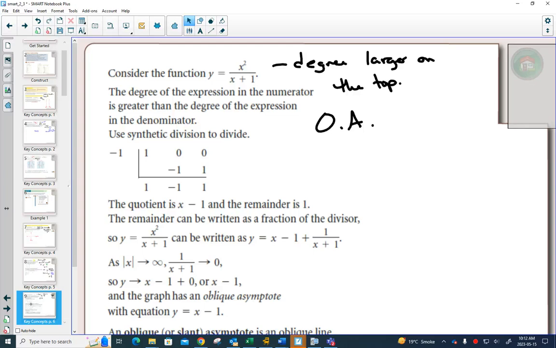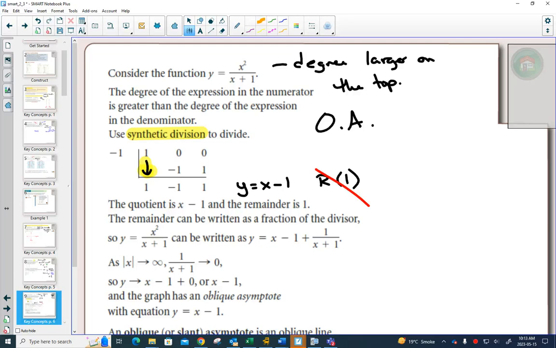The diagonal asymptote, you will need to use your skills with synthetic division to find. You will actually divide the x squared, which is 1x squared and then 0 and then 0, divided by x plus 1, so you put a negative 1 outside, bring down the 1, bring down the 1, multiply and add, and your result is y equals x minus 1 with a remainder, and you can ignore the remainder, no matter how big that remainder is.